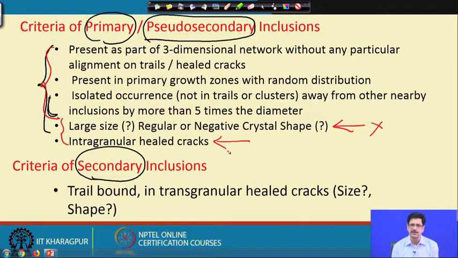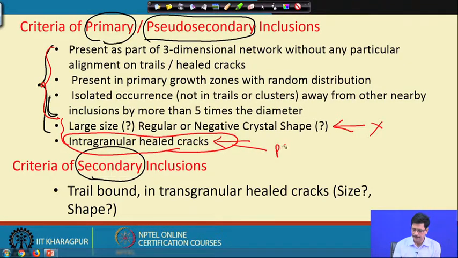The fracture is not traversing through the adjacent grains of the host mineral, and in that case this is the one which we actually reserve for the pseudo secondary inclusions.